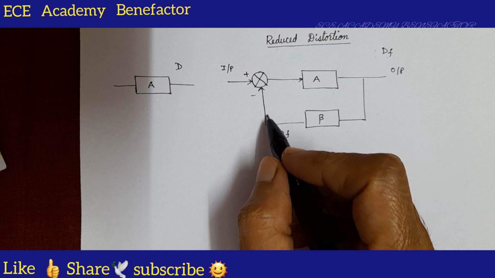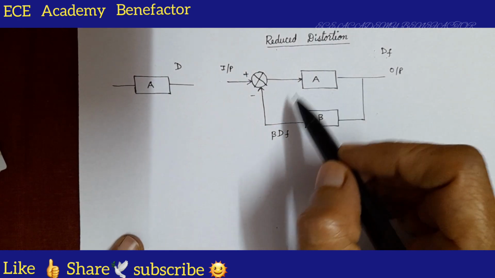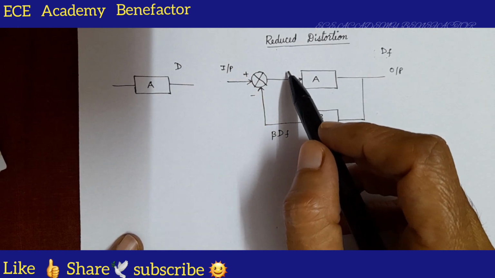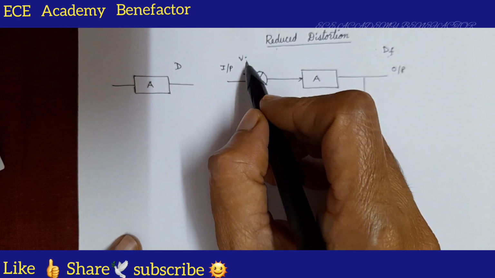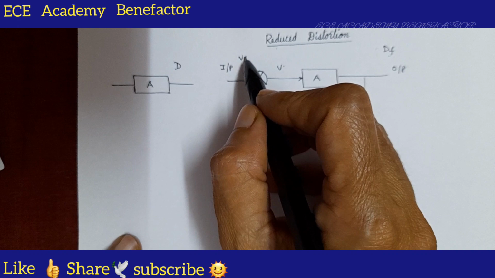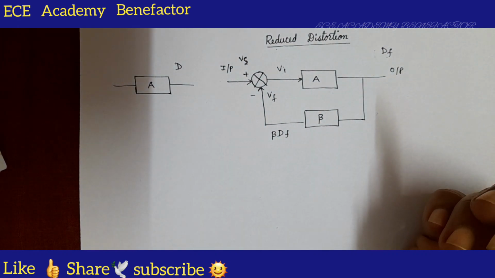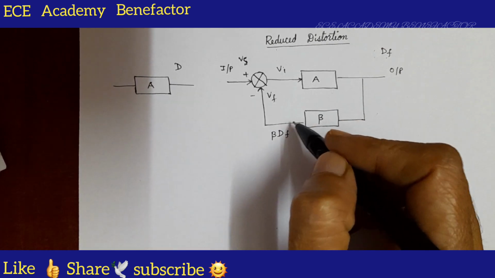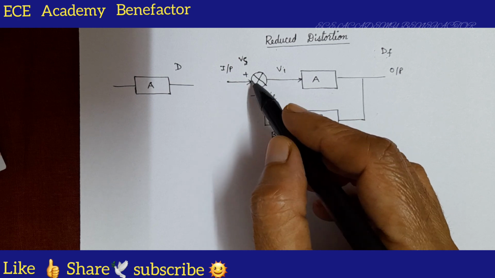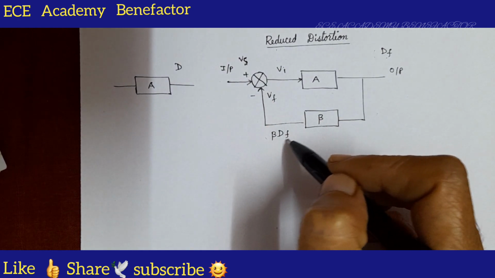Now it is giving to this signal. Now what will happen? This signal, after coming with this encoded signal and getting subtracted, let us say this is Vs, this is Vi and this is Vf. Now along with this feedback signal, the desired signal is coming anyhow, Vs. Along with this desired signal, this part will also be appearing.